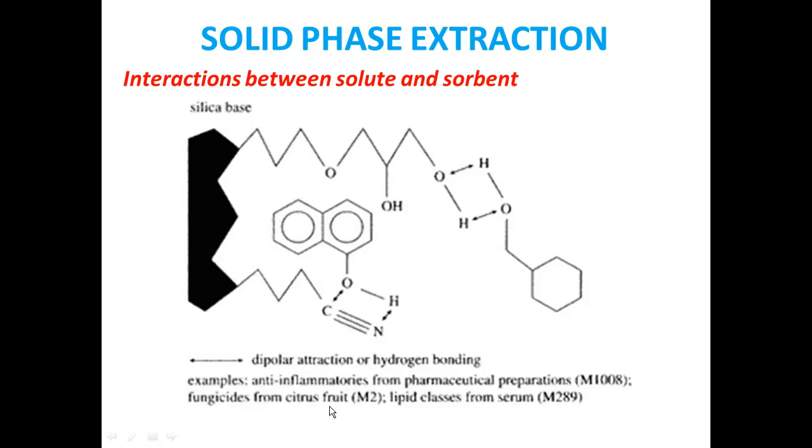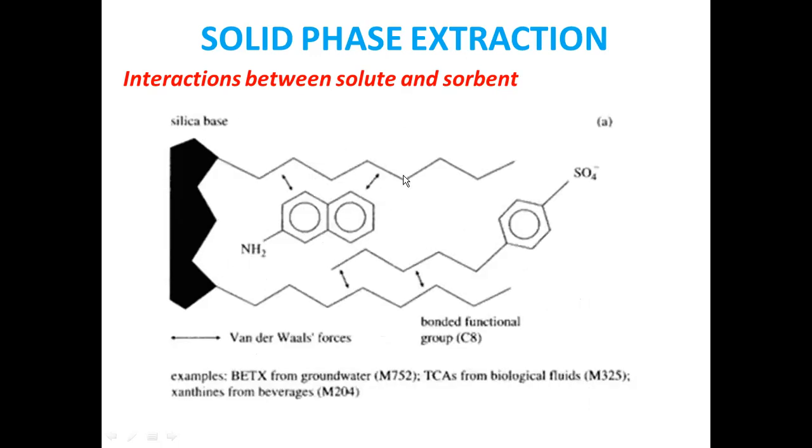Examples are that anti-inflammatories from pharmaceutical preparations can be separated, fungicides from citrus fruit juices can be separated, and even lipid classes can be separated from serum. Moreover, chemical compounds having such functional groups can be separated by using chemically modified silica. In the previous case, I showed a chemically modified silica where the sorbent is non-polar.